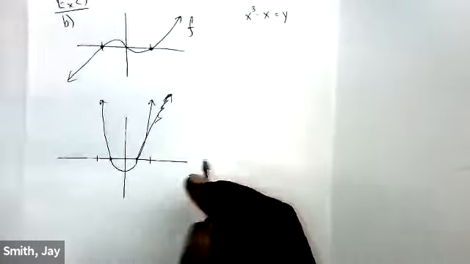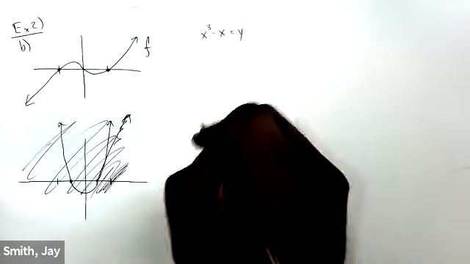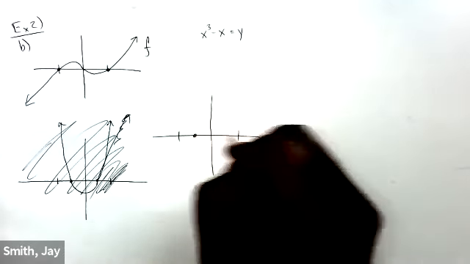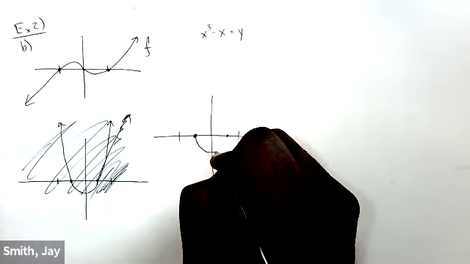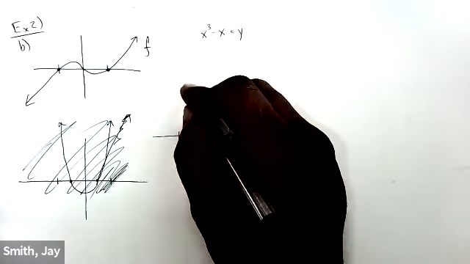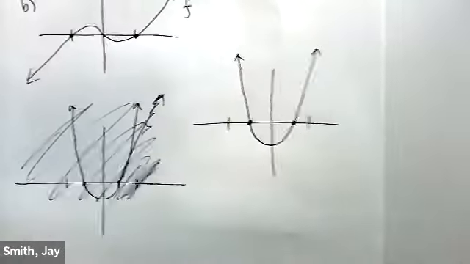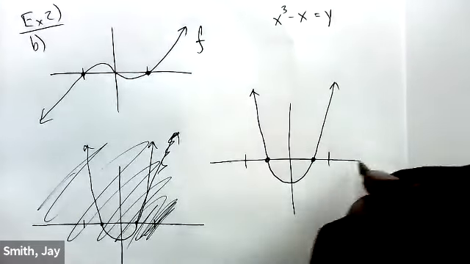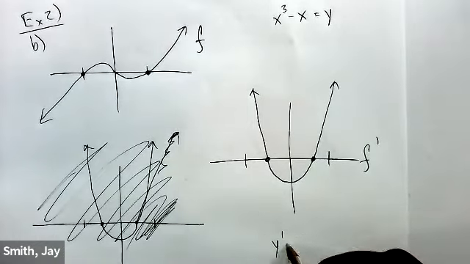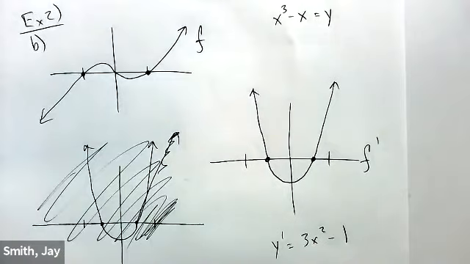That's gonna bother me. Let me draw it again. All right, and this is the sketch of f prime, or the derivative of the given function, which we know to be 3x squared minus 1. Notice that those characteristics still hold true.